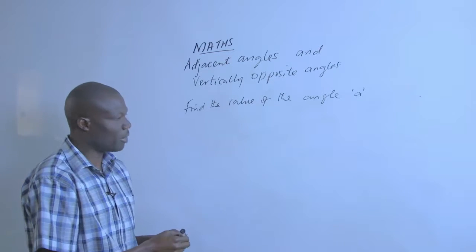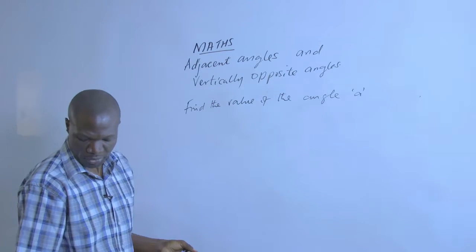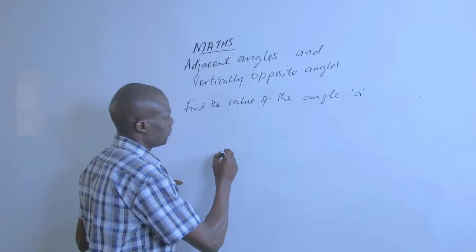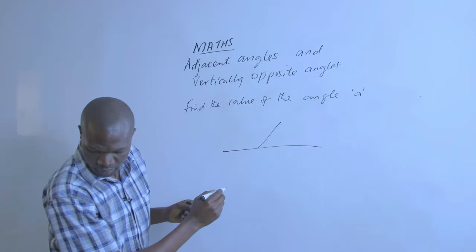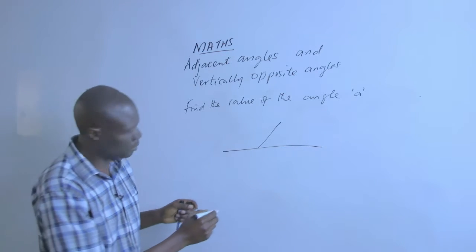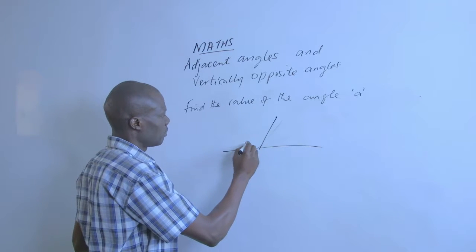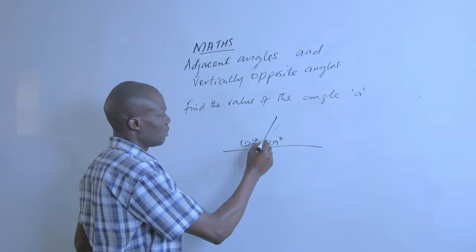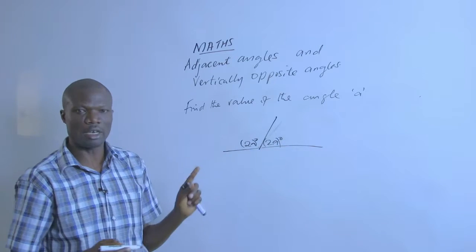Another last problem, again on the same problem solving. We shall look at the question. Now, these are two adjacent angles.